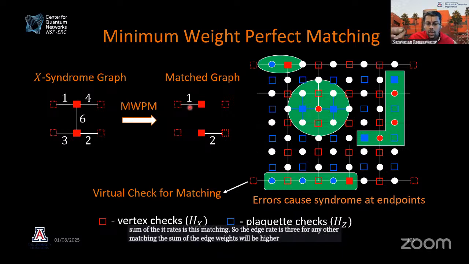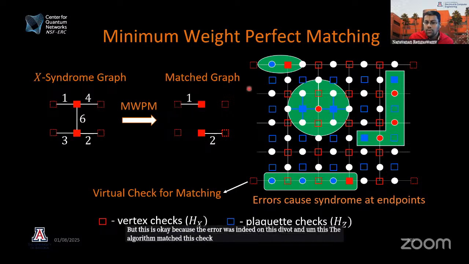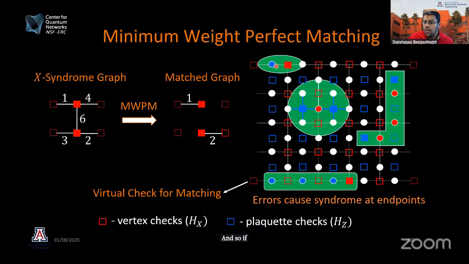But this is okay because the error was indeed on this qubit, and the algorithm matched this check to this virtual check, which means it's saying that this qubit is an error. And so if you go back and apply the same error, the error will vanish. Great.